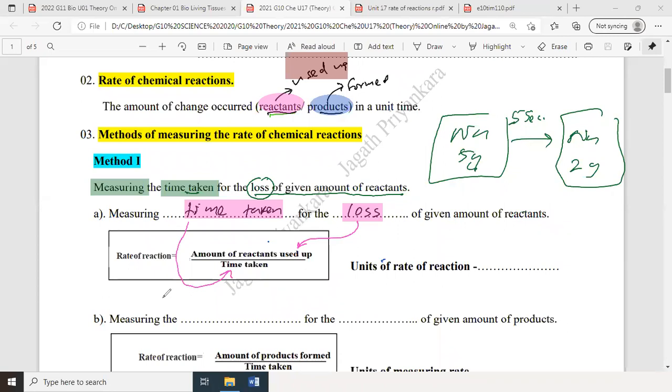Now, unit of rate of reaction. How can you measure the unit? Now I told here grams per second, or sometimes you can write grams per minute. You can use different units. We will write a few example units of rate of reaction.